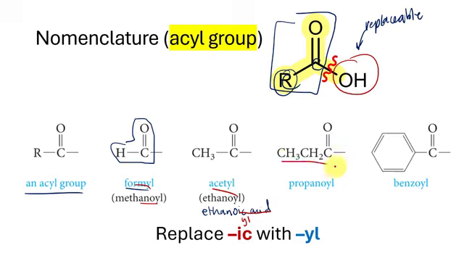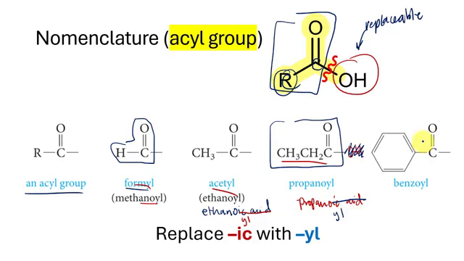For a 3-carbon derivative, originally it's called propanoic acid. To determine the name of the acyl structure here, just remove the ic acid, then replace with yl. So that's propanoyl. And for benzoic acid, it's benzoyl.